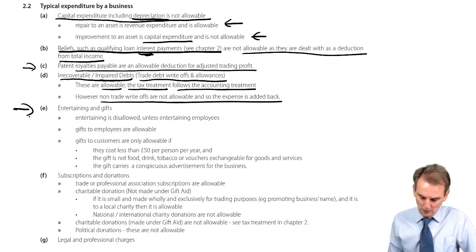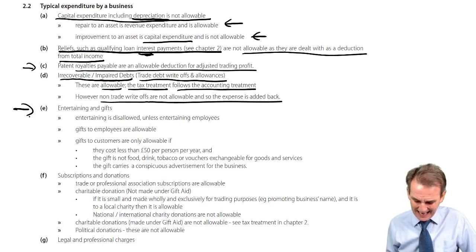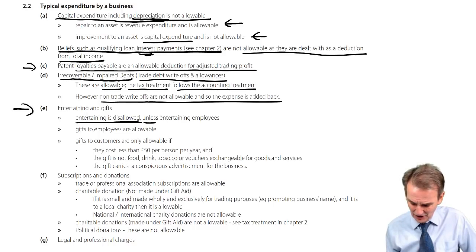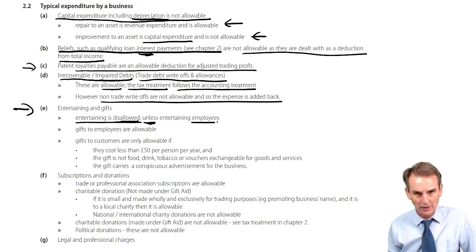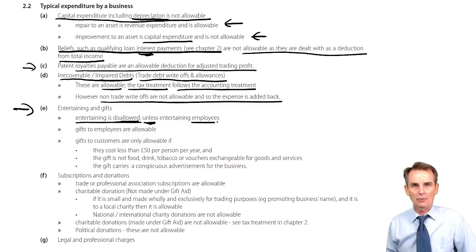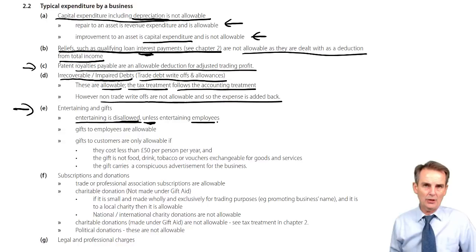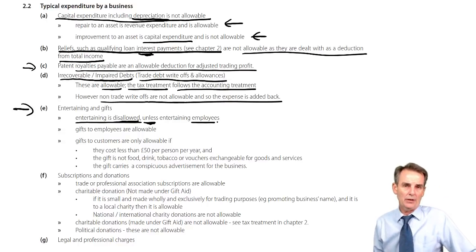This one comes up all the time. A very common one. Not that it's a common expense item in real life, certainly not in these days, but entertaining and gifts. Entertaining is disallowed unless it's entertaining employees. So if you entertain your own staff, Christmas party, for example, then those expenses are allowable trading profit deductions.